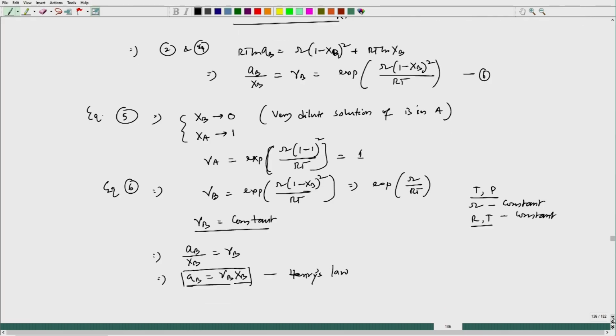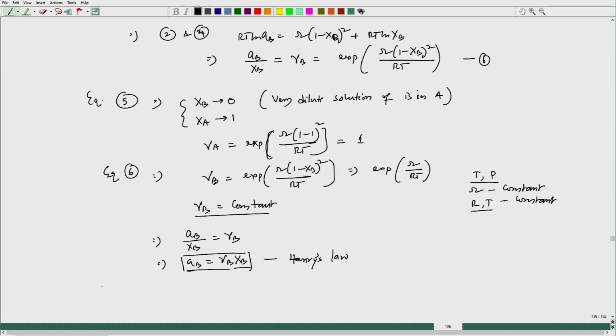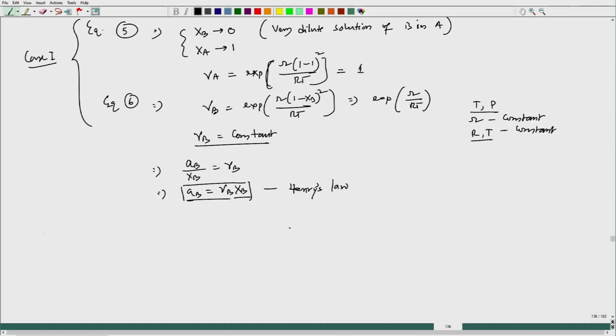Similarly, on the other side, this is case 1. So, let us take case 2, where we take equation 5. That is γA equal to exponential of ω(1 − XA)² divided by RT. Now, in this case we are considering XA tends to 0 and XB tends to 1.